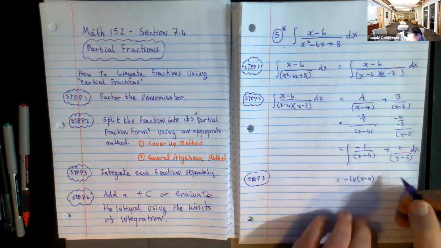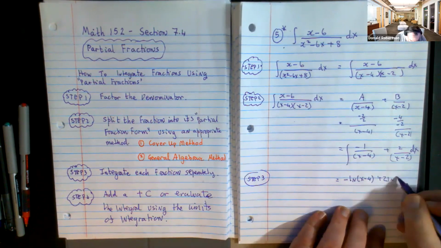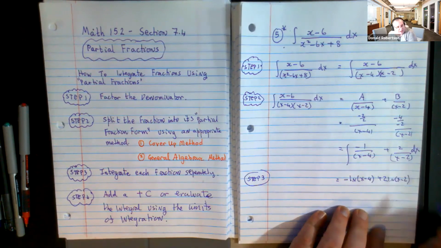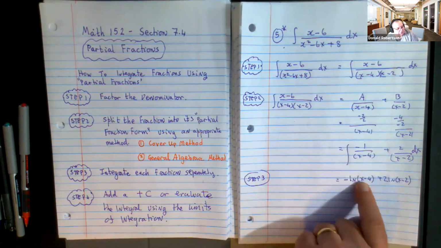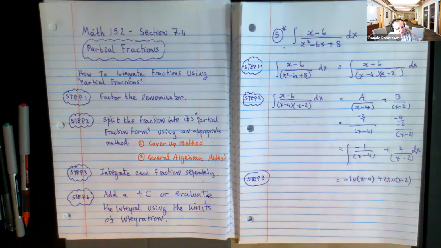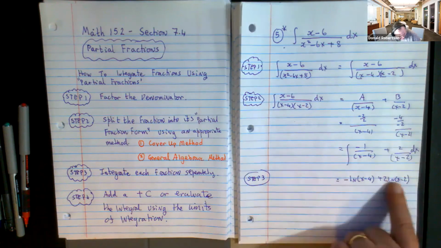And this one is 2 times the natural log of x minus 2. Are you happy about the integral of this giving me a log, and the integral of this giving me a log? So anything like 5 over x plus 1, -2 over x minus 3, anything that has that shape to it will be a log when you find its antiderivative. So that's step 3.